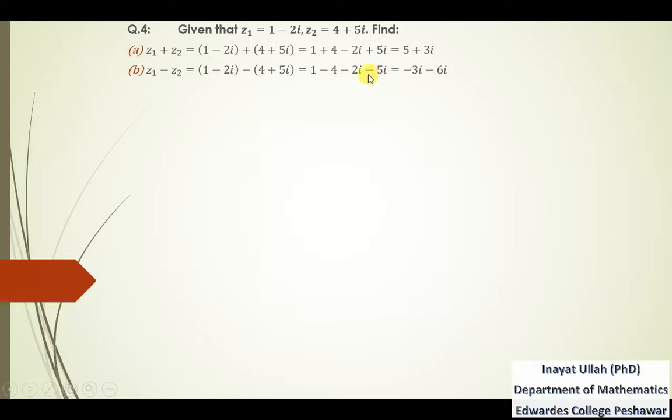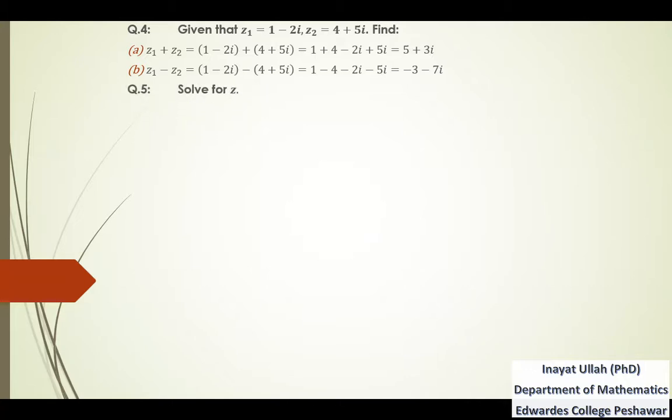So minus 2 minus 5. 1 minus 4 is minus 3. Sorry, this iota is extra here. 1 minus 4 is minus 3. Minus 2 minus 5 is minus 7. Minus 3 minus 7 iota. That is the second part.